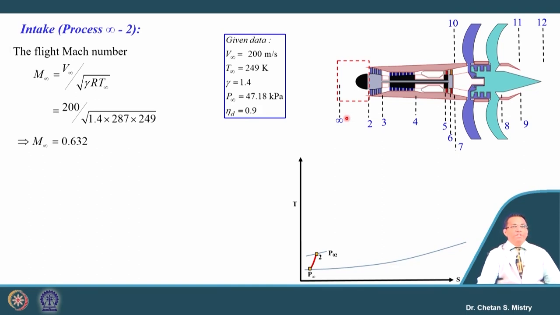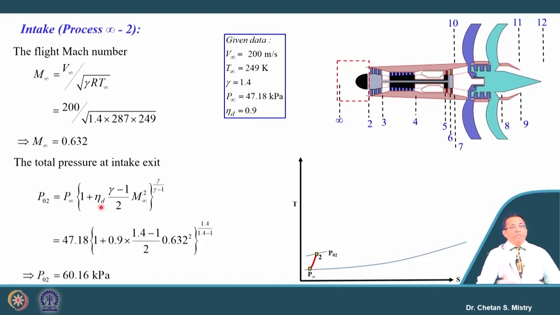Once we have information about the flight condition, we can correlate the diffuser efficiency in terms of pressure. So, the outlet pressure at the intake is given in terms of the diffuser efficiency. For the current numerical, the diffuser efficiency is given. Let us put that value.